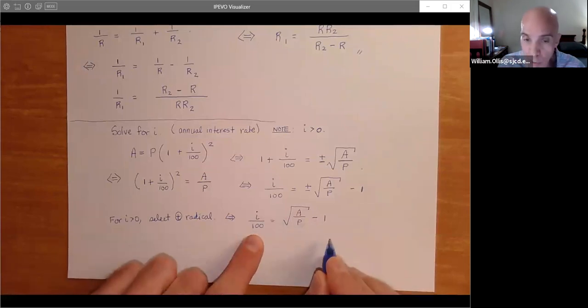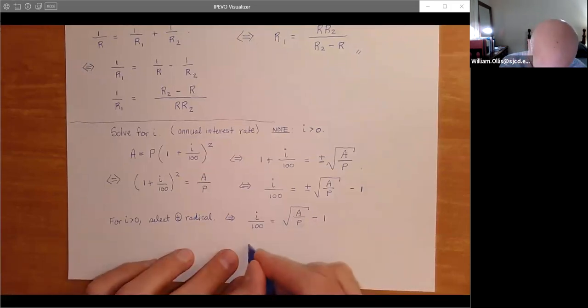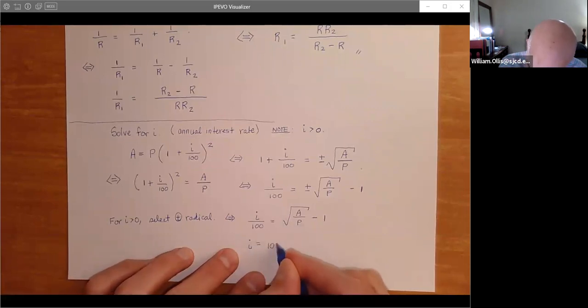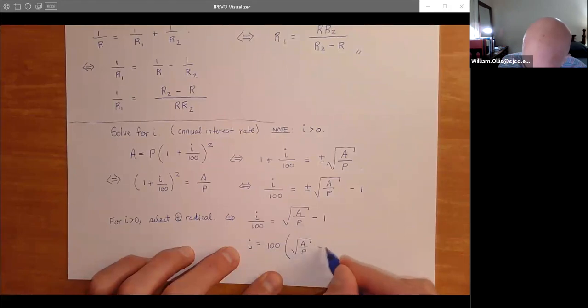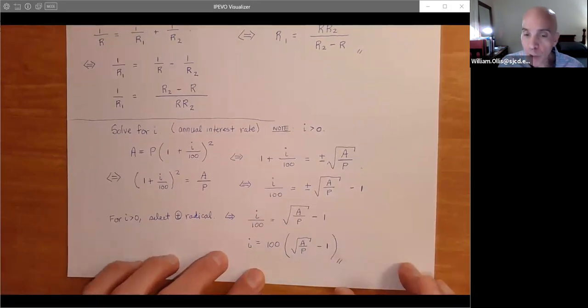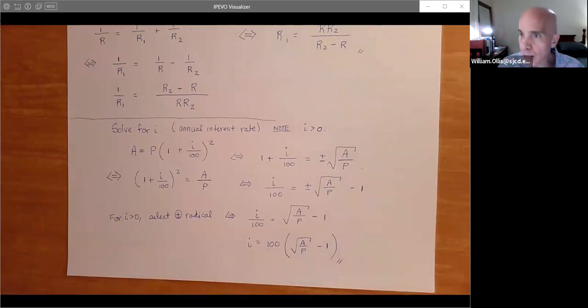And then, of course, we can multiply by 100. I will now be 100 times the quantity square root of A divided by P minus 1. And that would be a formula for the annual interest rate.